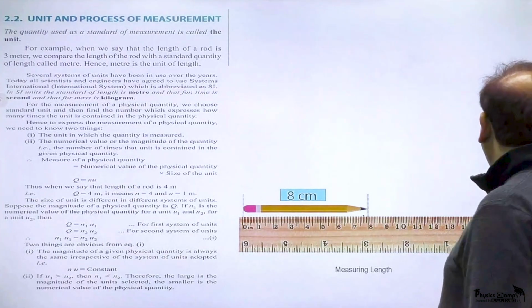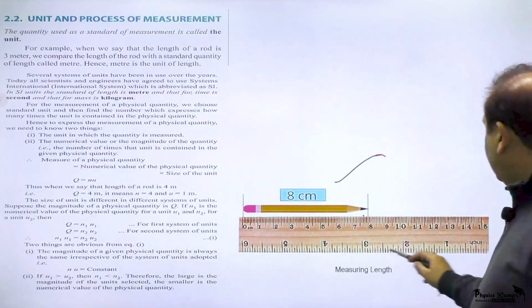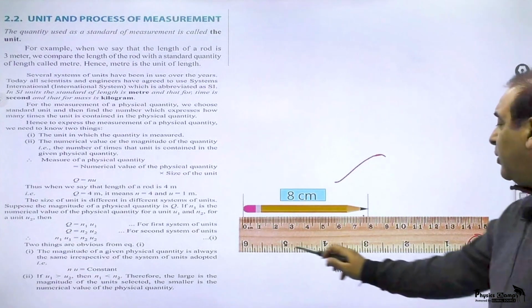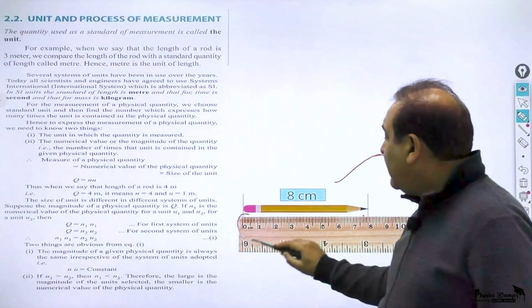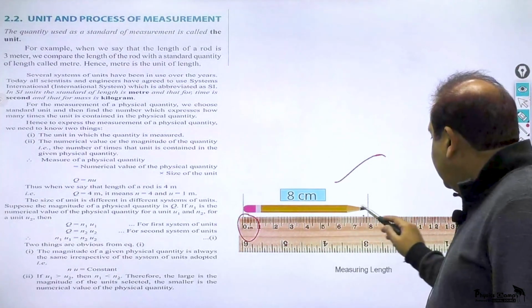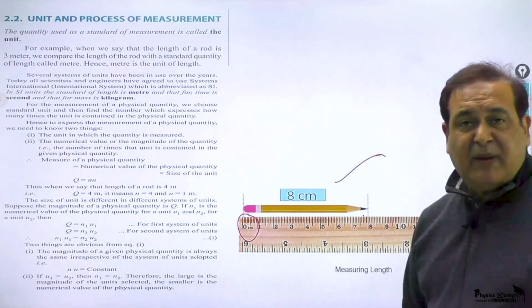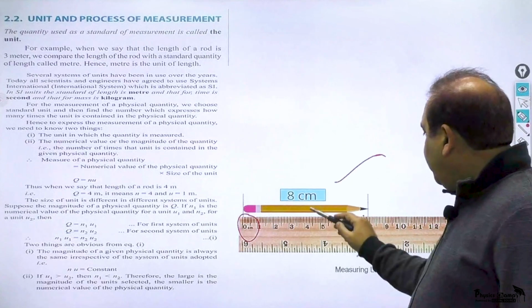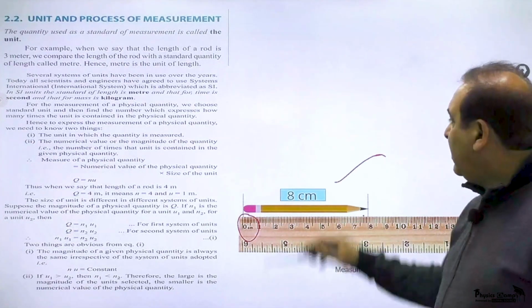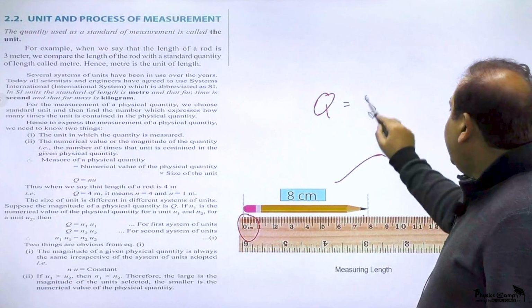Now here is one example in front of you. In this arrangement, inches are on this side of the scale and centimeters are on this side. For measuring the length of this pencil, the unit is repeated 8 times. It comes out to be 8 times 1 centimeter. So here the quantity is 8 centimeter.